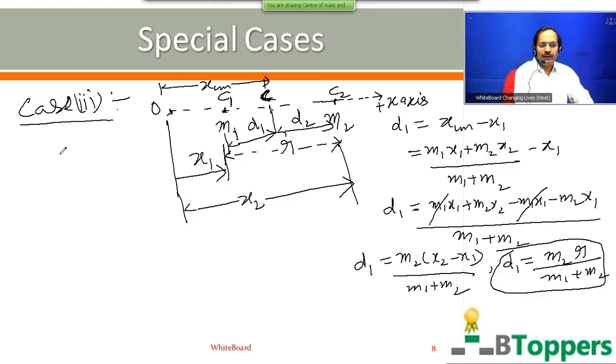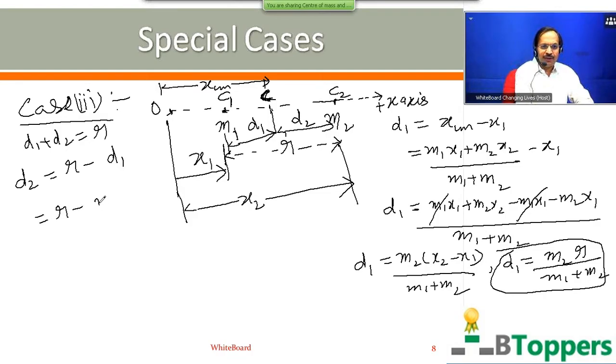So you can look at the figure. If d1 is the distance between c1 and c, d2 is the distance between c2 and c, and small r is the distance between c1 and c2, then you can write d1 plus d2 equal to r. So d2 can be written as r minus d1.